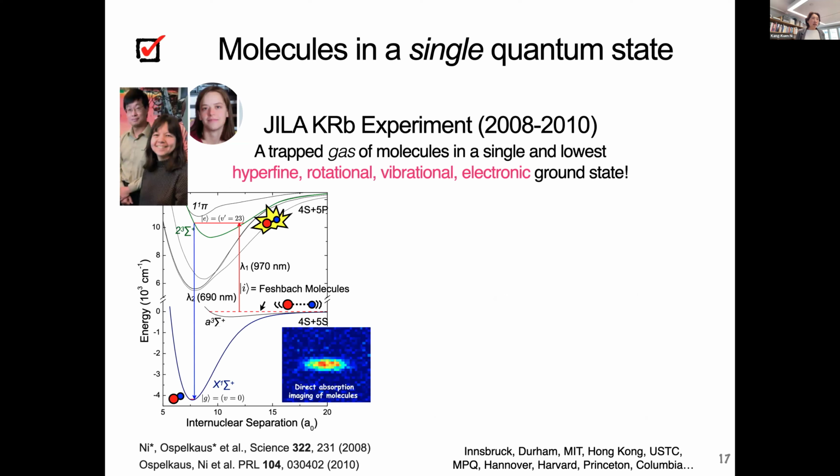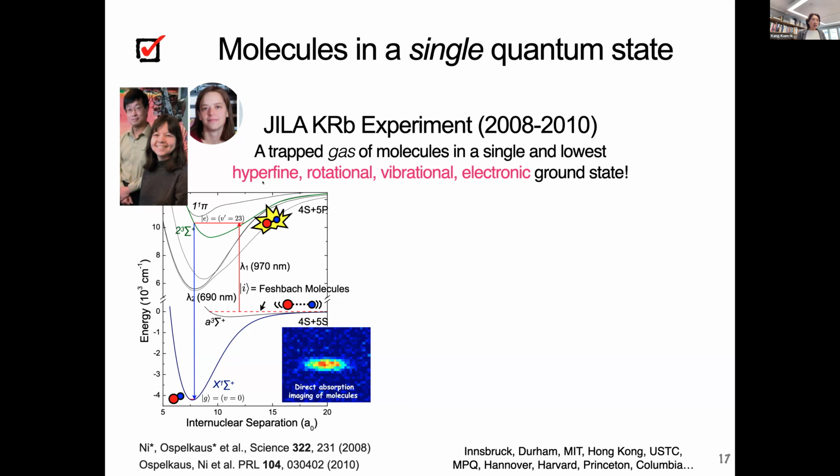The approach that we take follows the work that, when I was a PhD student in Gila, we demonstrated with potassium rubidium molecule assembled from microscopically individual atoms, even though it was a bulk gas, we can prepare through various coherent control approaches, which I'm not going to get into detail, but the important thing is that we're able to have a trapped gas and molecule in a single and the lowest hyperfine rotation vibration electronic ground state, so all quantum degrees of freedom.